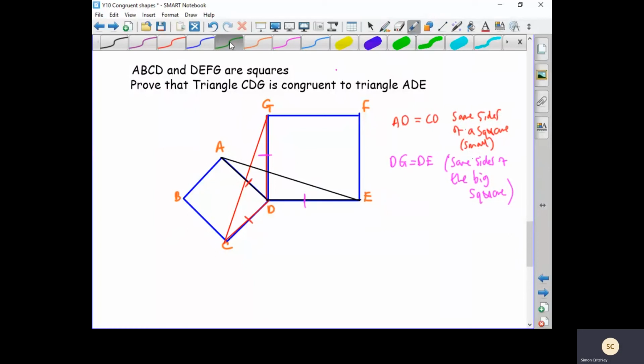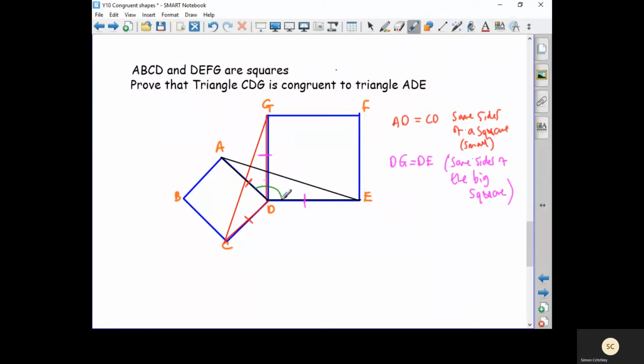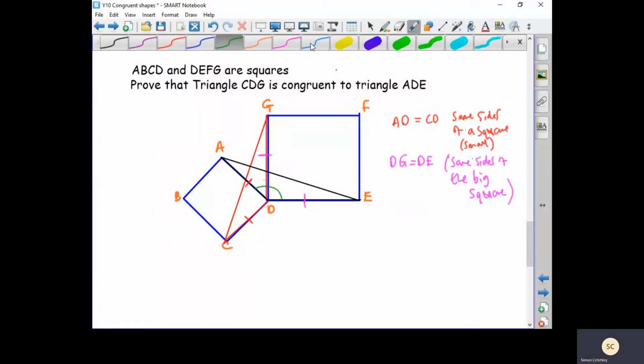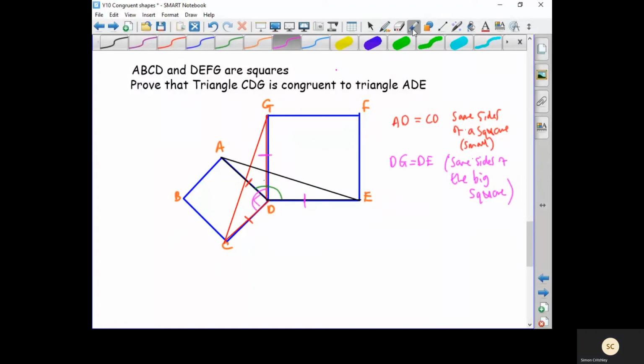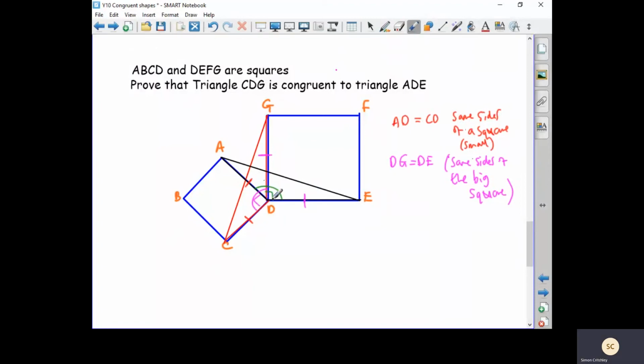The enclosed angle for the ADE triangle is this one. And the enclosed angle for the red triangle, CDG, is this one in here. We want to come up with a way of showing that that pink angle and the green angle that we've just drawn there are identical. Well, I think they are identical because they're both made up of a right angle here and an extra little bit.